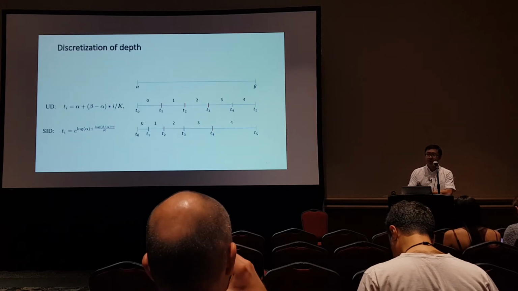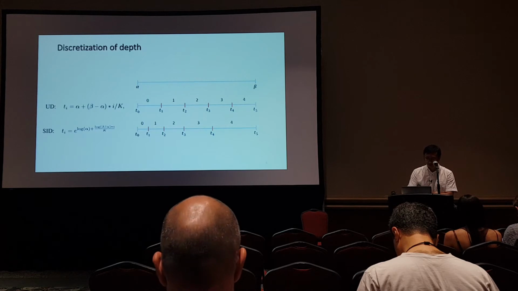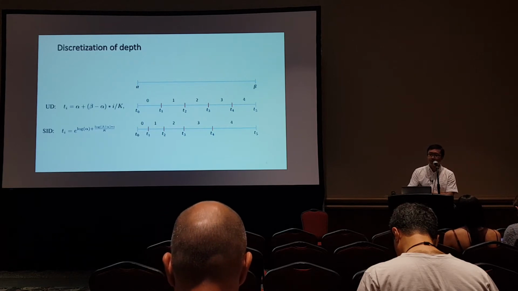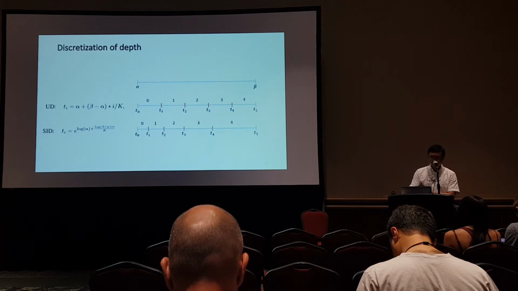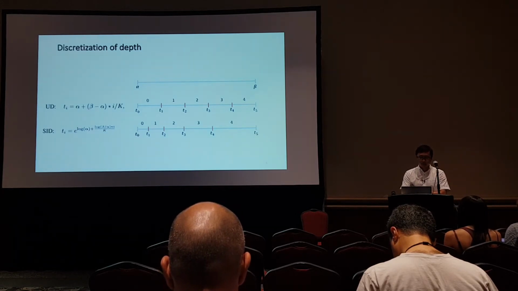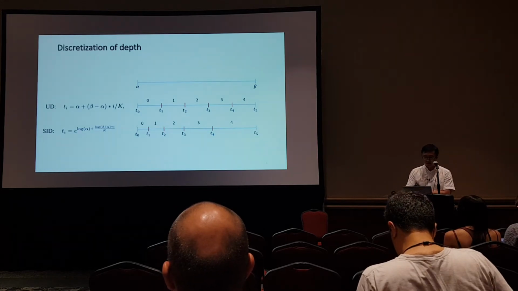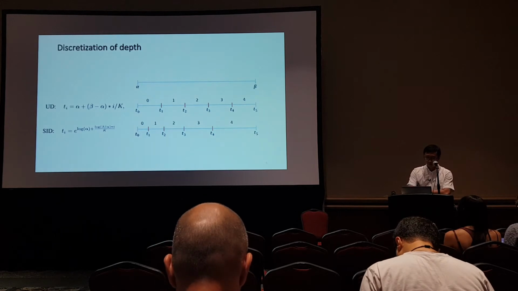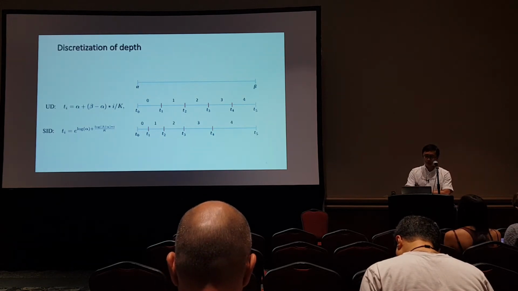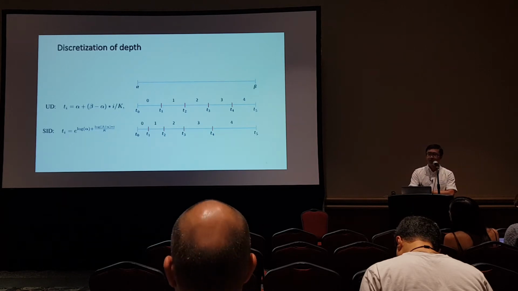Firstly, we need a method to discretize the depth range into a series of intervals so that we can convert the continuous depth values to discrete values. A straightforward method would be to do uniform discretization in the depth range. In practice, we found that the estimation uncertainty usually goes up when the depth value increases.